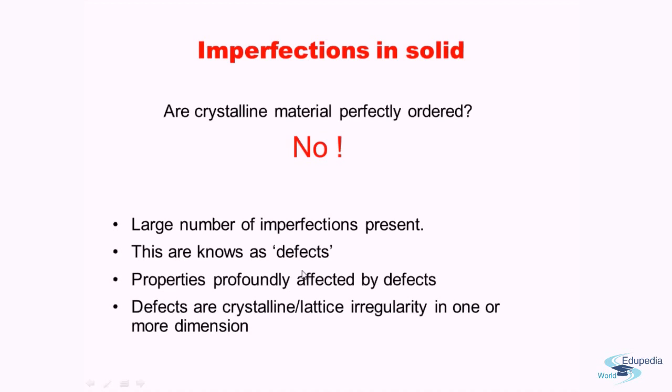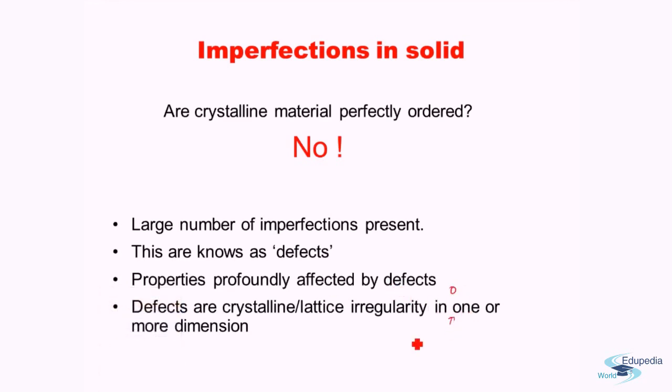Defects in a crystalline material or crystalline lattice are irregularities in one or more dimensions. What this means is that defects can be not just one or more dimension, they can even be in 0 dimension, as we'll see.